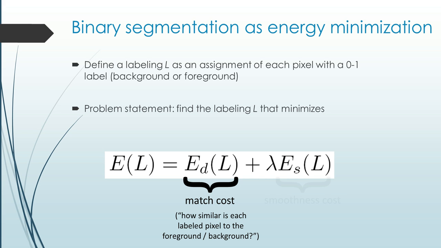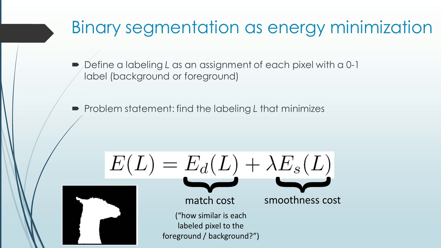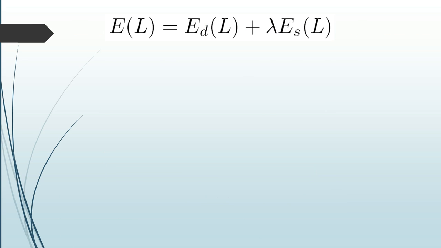This equation also consists of a smoothness cost based on the similarity of neighboring pixels. And again, the output is a mask, in this case an image represented by 0 or 1 based on background or foreground.